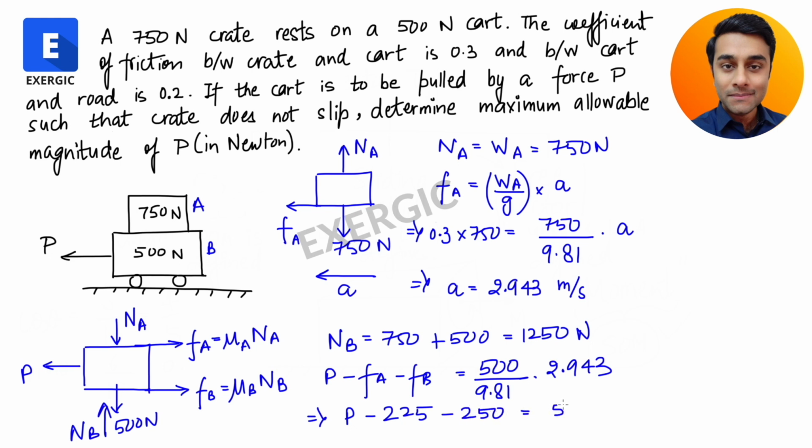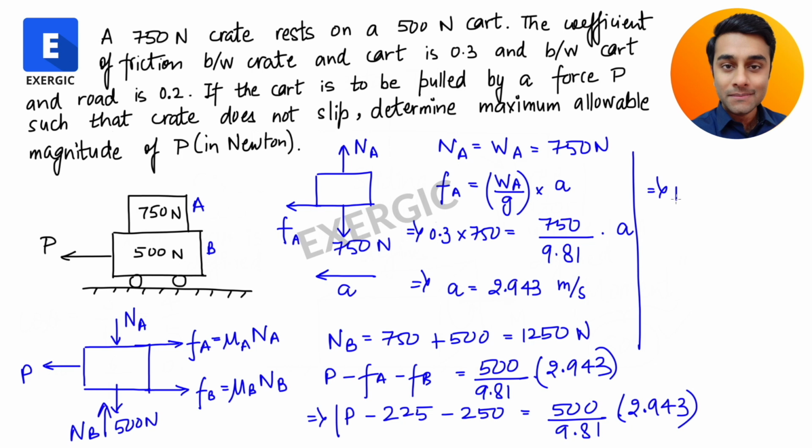This is equal to 500 divided by 9.81 multiplied by 2.943. You got it? P is the only unknown. Solve it and get the value of P. You will get the value of P as 625 Newton.